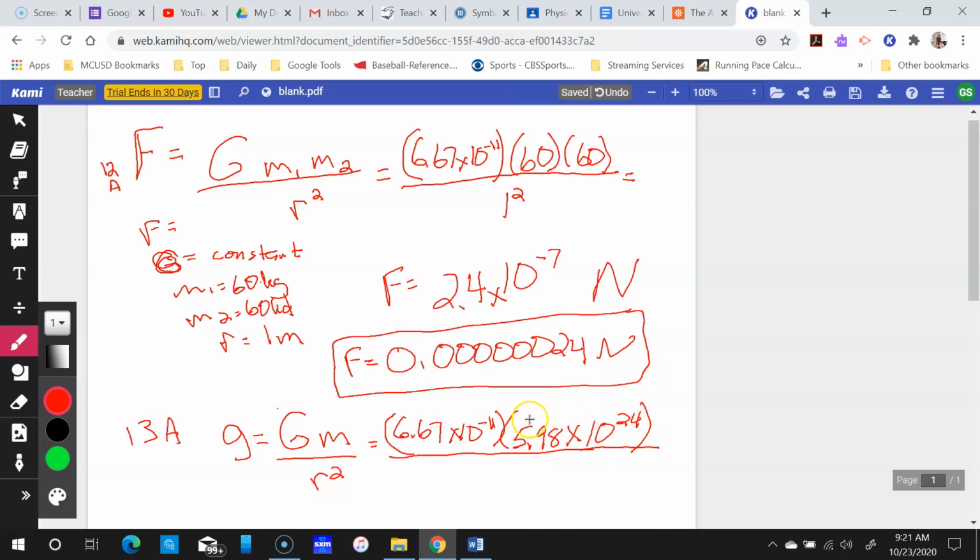And then we're going to divide that by the radius of Earth. So really you're taking the distance from the center of the Earth to the surface, and that distance happens to be 6.37 times 10 to the 6th.